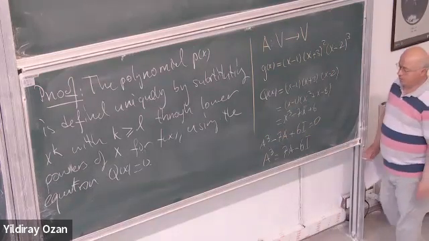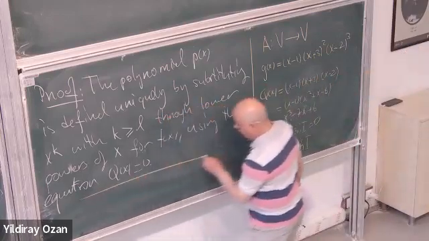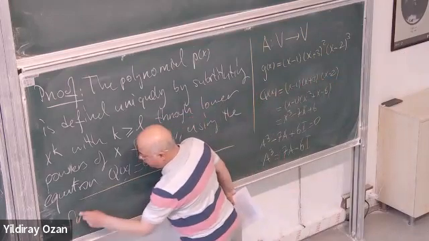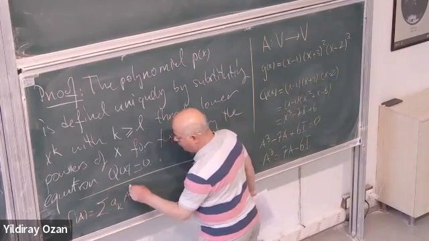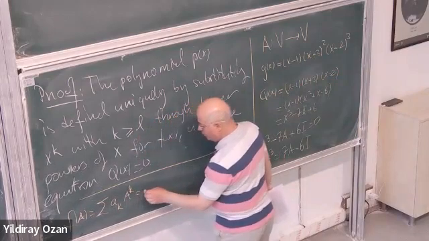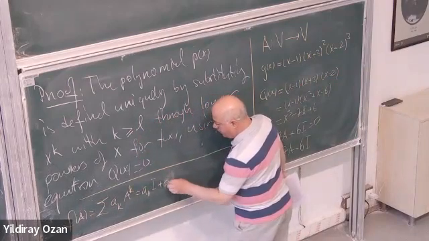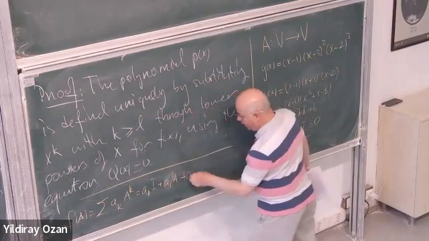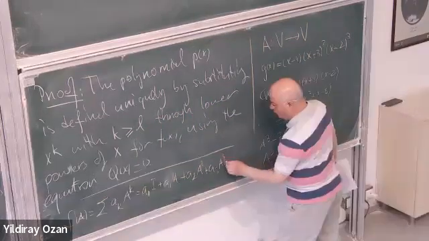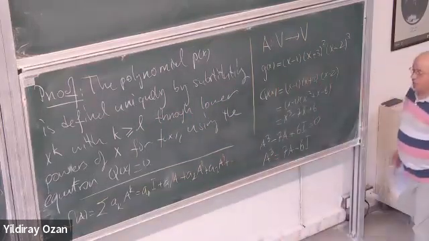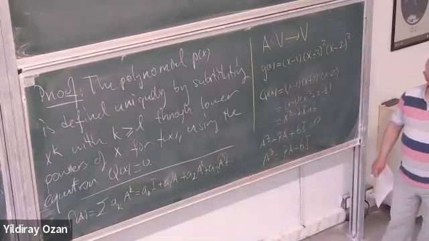So, in the power series, that I want to compute f of A is what? A to the power k, right? So this is just a0 times I plus a1 times A, a2 times A squared, a3 times A cubed, and so on. So whenever I see A cubed, I'll just plug this.